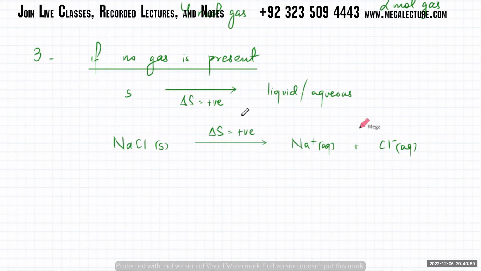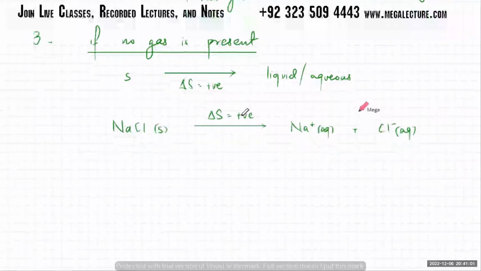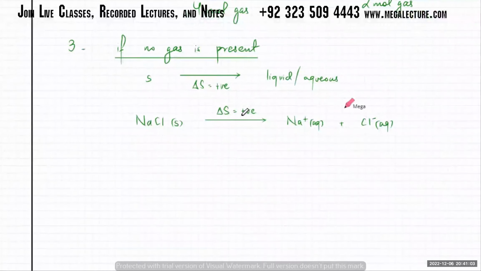As another thing, if you have the same state, then you just look for the number of particles. Are they increasing or are they decreasing? If you have exactly the same state. Let's do another one. I've got a reaction where I've got Ag+1. It likes to gain electrons. So I've got Fe2+.